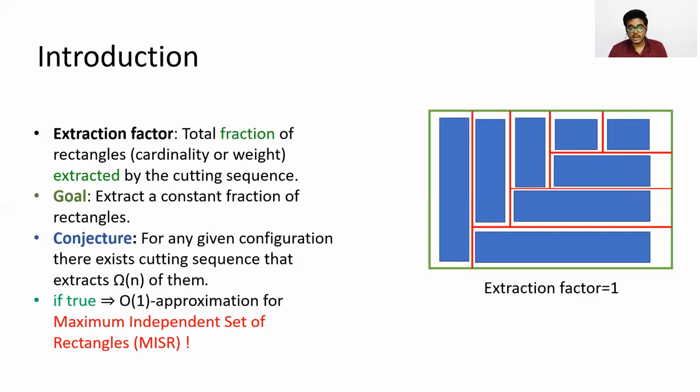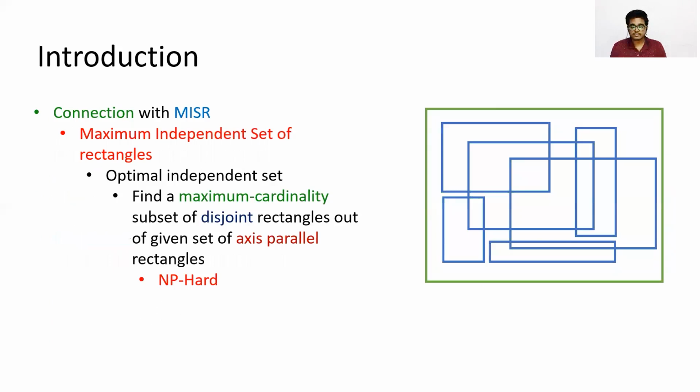So what is the MISR problem? The MISR problem is basically, again, given a piece and a set of axis parallel rectangles, which need not be disjoint, to find the maximum cardinality independent set. By independent set, I mean two rectangles are dependent if they're intersecting.